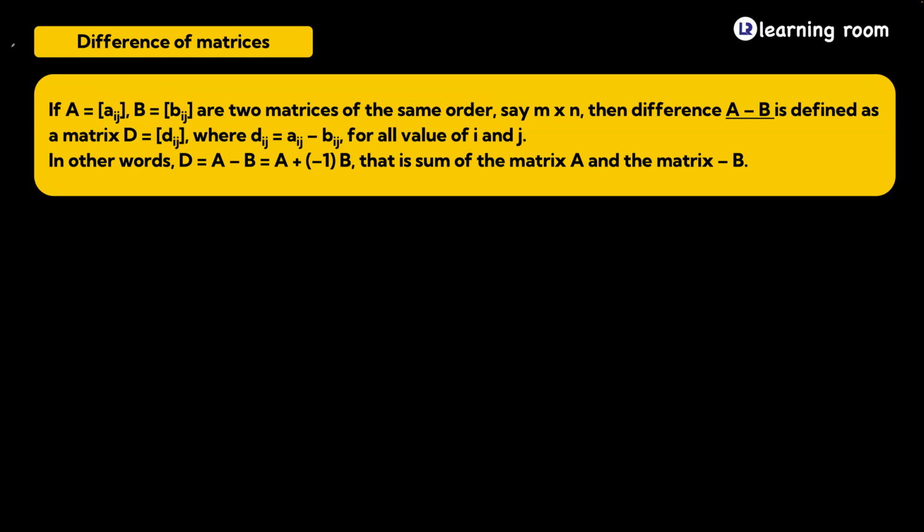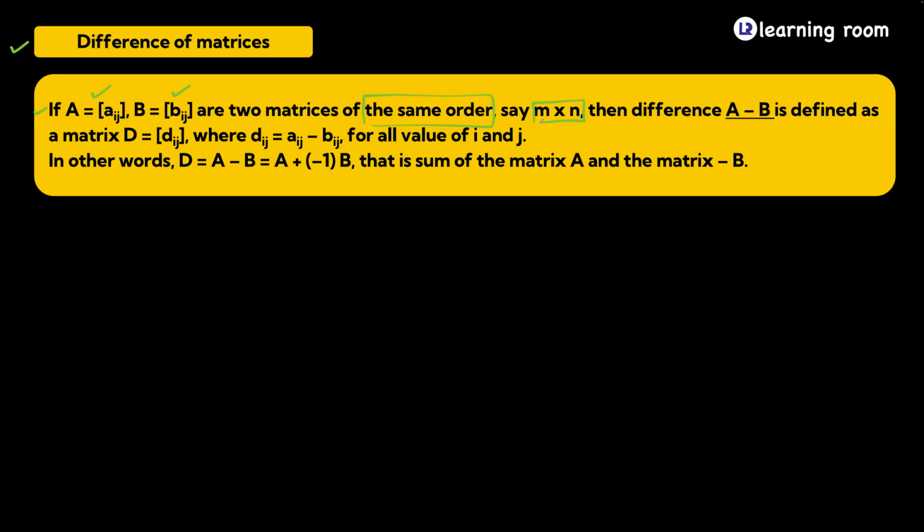So when we discuss the concept of difference of matrices, what happens if we have A is equal to Aij and B is equal to Bij? These are two matrices with what condition getting satisfied? They both are of the same order, right? Let's say they both are of the same order, which is m cross n.